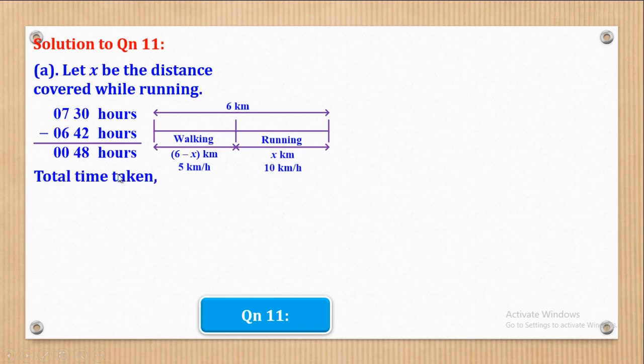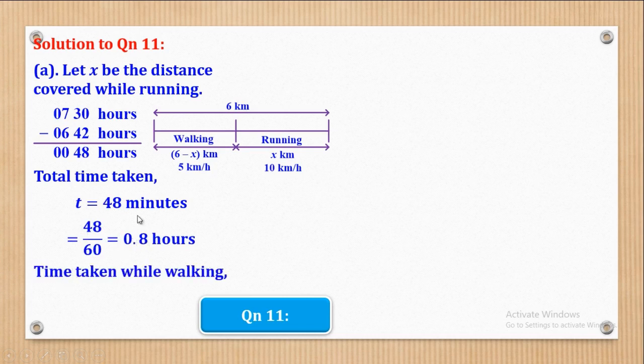It means that the total time taken will be 48 minutes. So the time taken to move from here up to here will be 48 minutes. When I convert the 48 minutes to hours, I divide by 60 to come up with 0.8 hours. So that is the time taken for the whole journey.